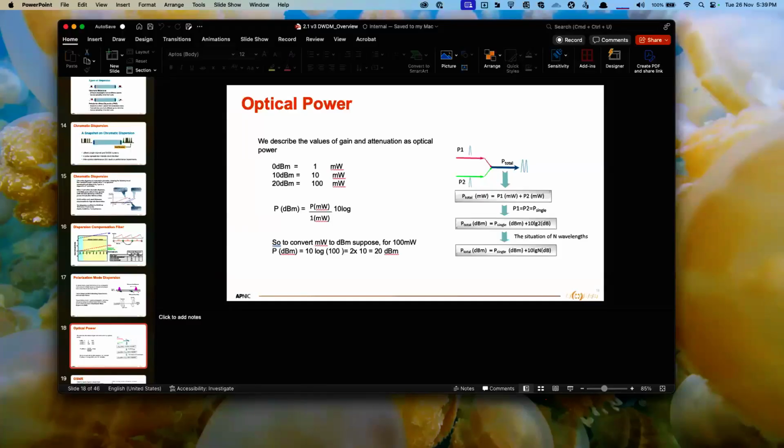DCM modules are being used to compensate dispersion along the fiber; does it have the same fiber length coil? Yes, it has the same fiber length, or if not the same, close to similar. So if you have a 50 kilometer distance between point A and point B, they both will have a DCM which has a 50 kilometer fiber spool.